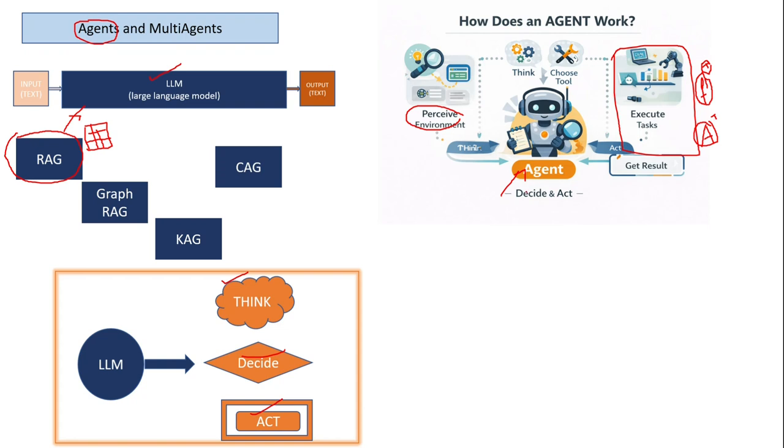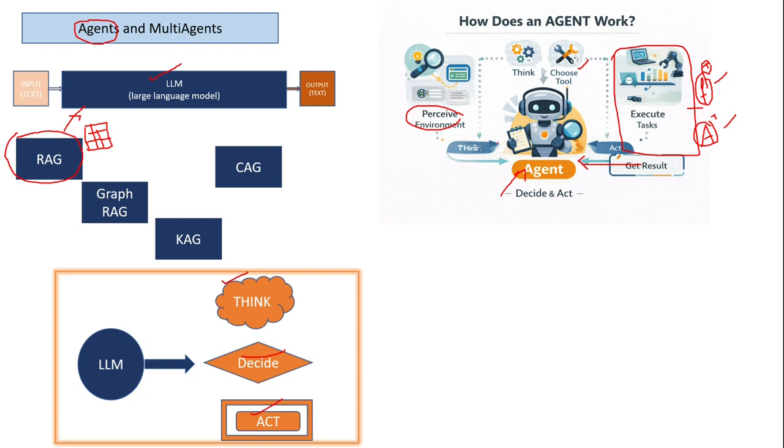So once you ask a query, the agent perceives the environment and thinks how many tools are there, and then it will choose the tool, whether to use this particular function or some other function. It will choose the tool, then execute the task and get the result. So this is how an agent works.